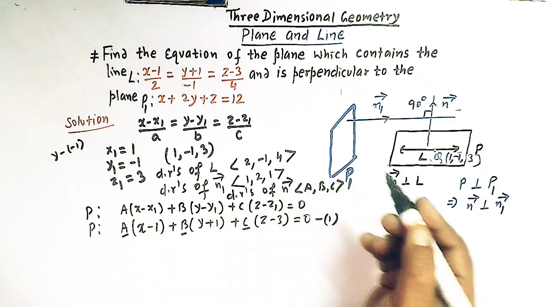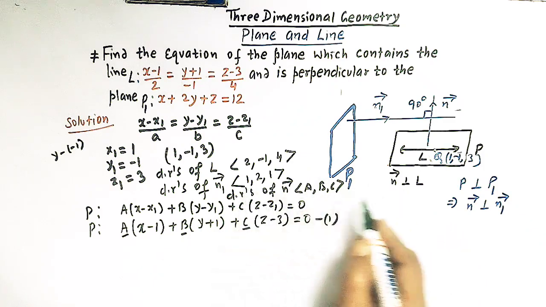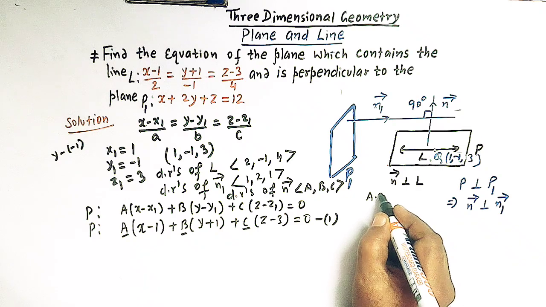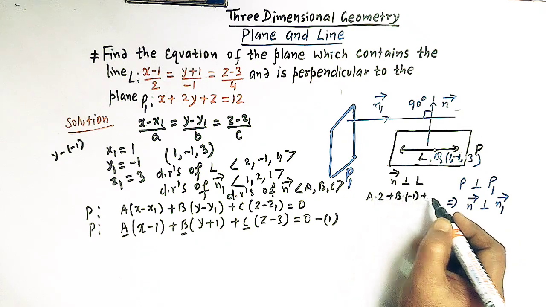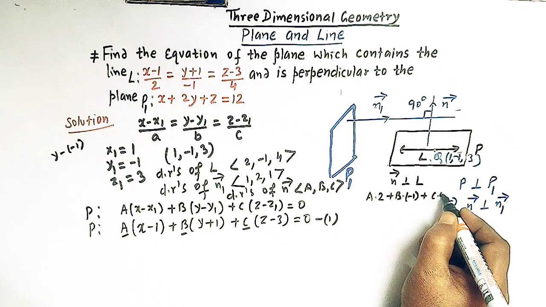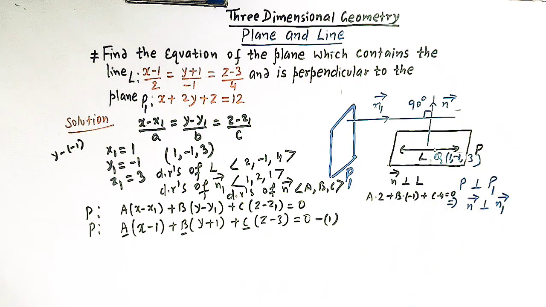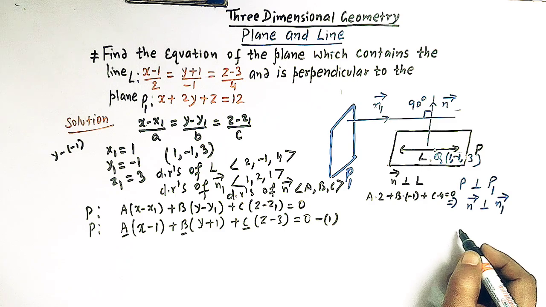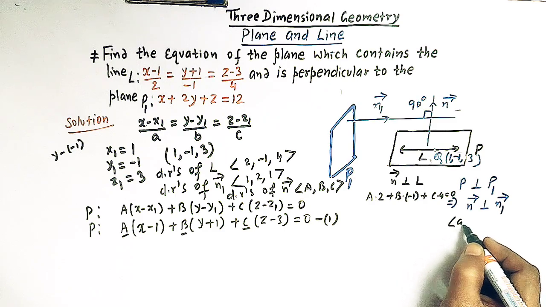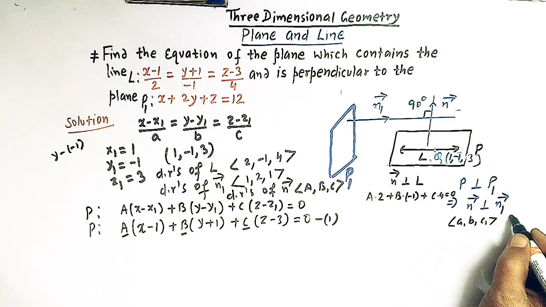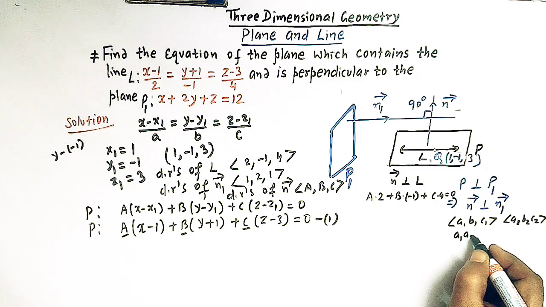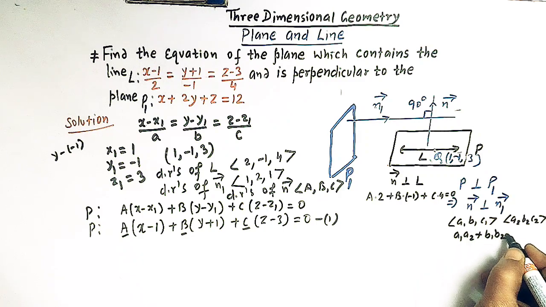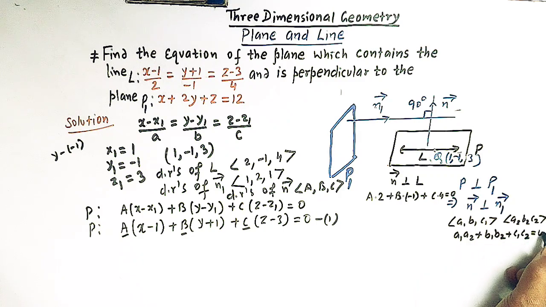So we have the condition A times 2 plus B times minus 1 plus C times 4 is equal to 0, because we know that if two vectors are perpendicular and their direction ratios are a1, b1, c1 and a2, b2, c2, then the condition of perpendicularity is a1 a2 plus b1 b2 plus c1 c2 is equal to 0.